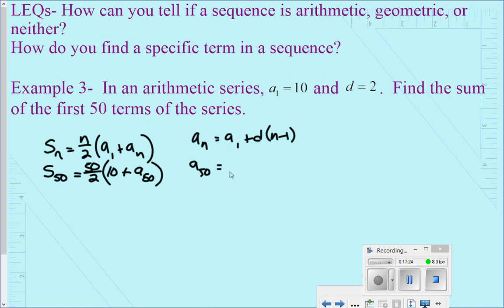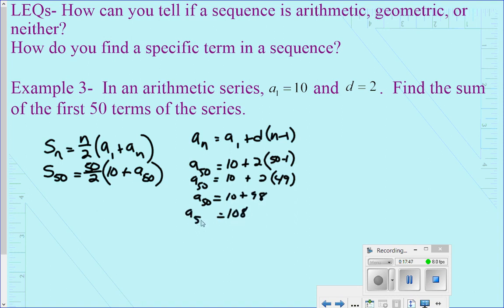So a sub 1 is 10 plus d is 2 times 50 minus 1. So 49 times 2 plus 10 is a sub 50. So that's 98 plus 10, which is 108. So the 50th term is 108.